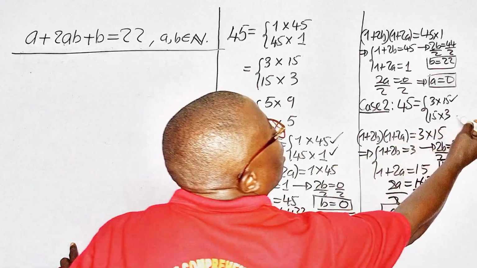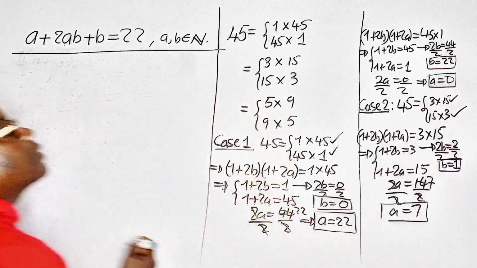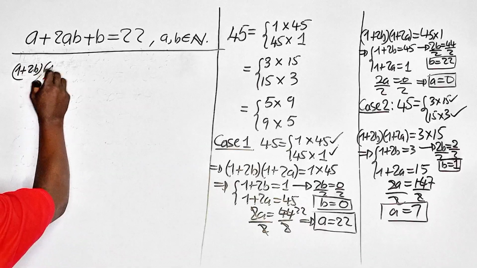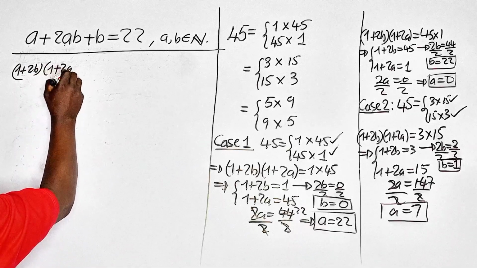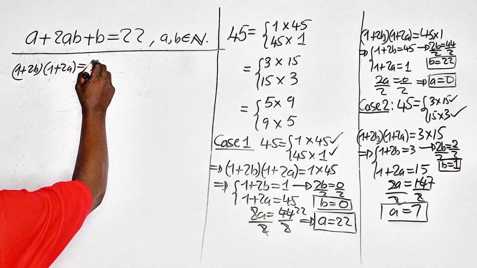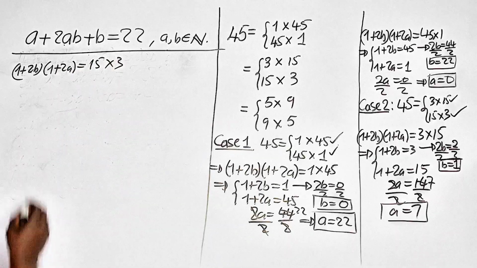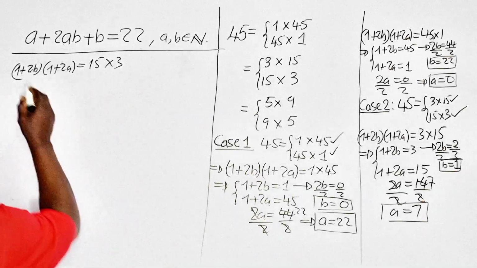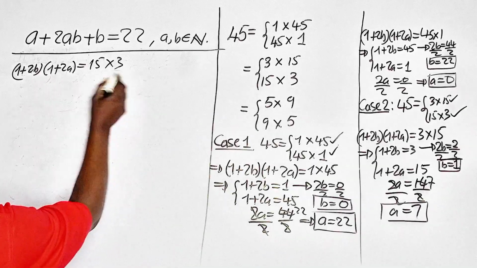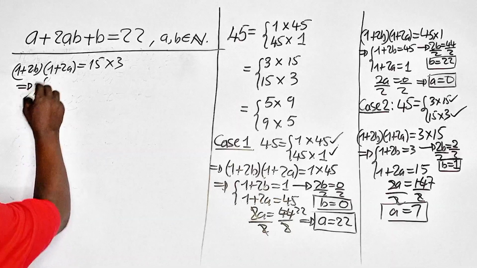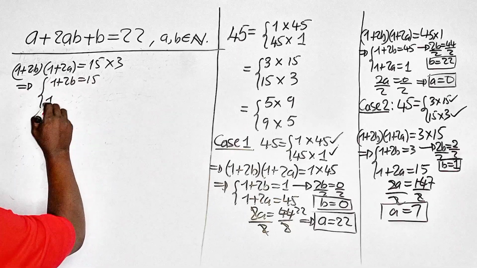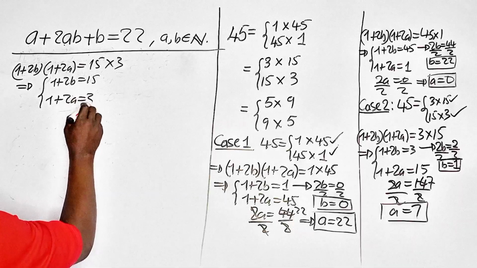The second situation will now be this. So we are saying 1 plus 2b into 1 plus 2a is equal to 15 times 3. This product equals this product. So we can safely say this is equal to 15, this is equal to 3. So we have 1 plus 2b is 15, 1 plus 2a is 3.